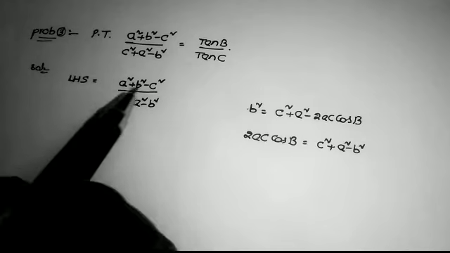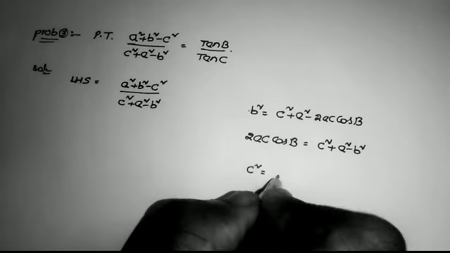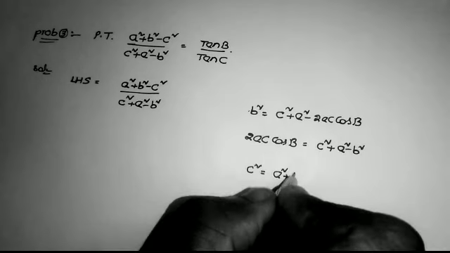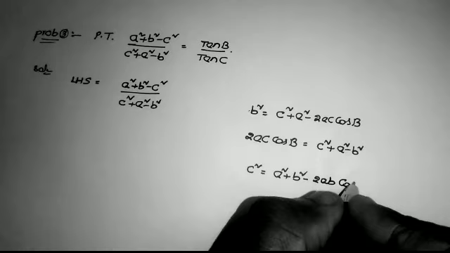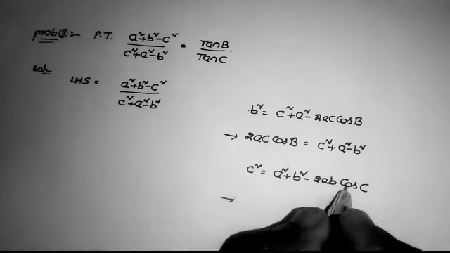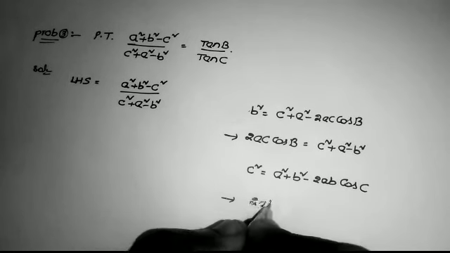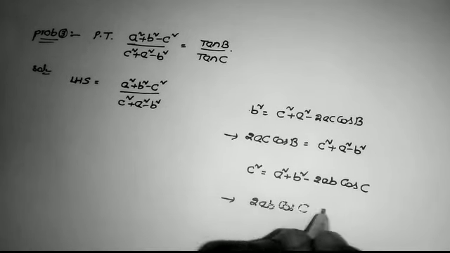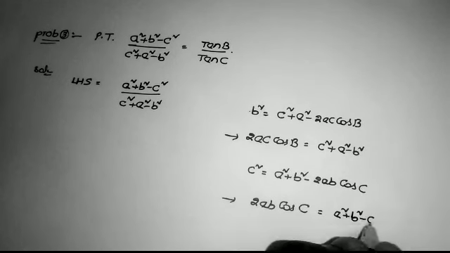In the same manner, I am taking the c square formula from the cosine rule. That is, c square is equal to a square plus b square minus 2ab cos c. Here also I am interchanging the last value, this one. That is, this minus 2ab cos c becomes plus 2ab cos c, and that is equal to a square plus b square minus c square.